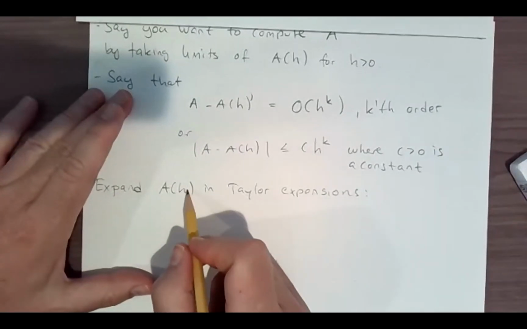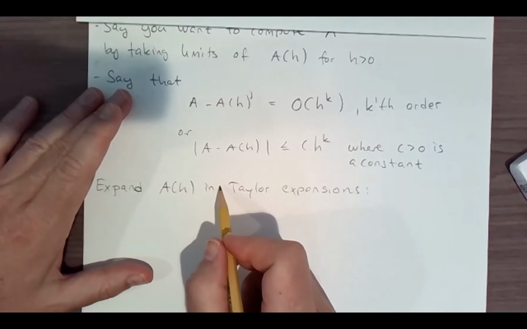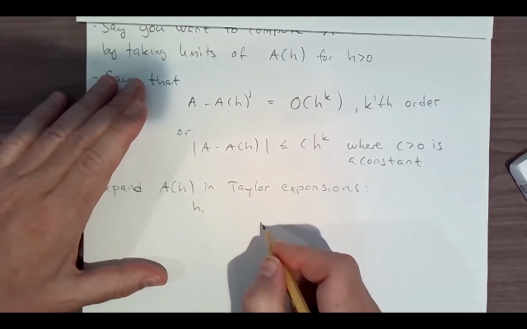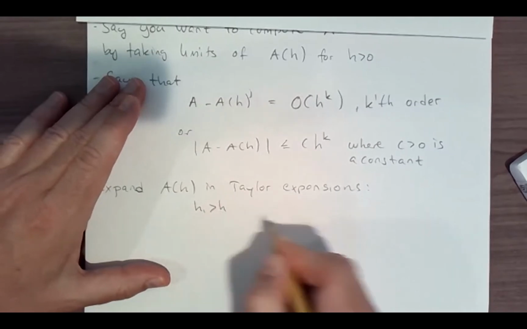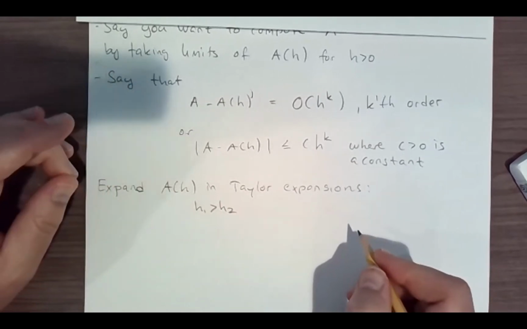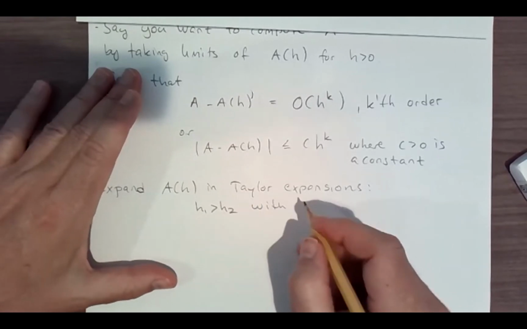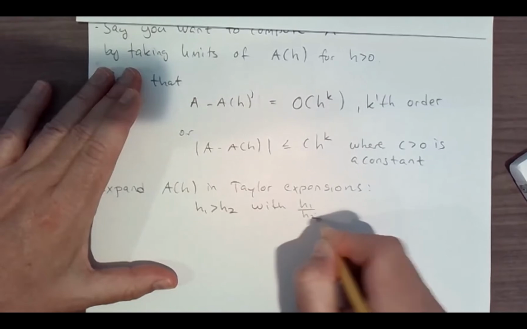So you're going to do two different H's. So let's do H1. H1 is bigger than H2. We will always have this relationship that H1 over H2, say, is 2.